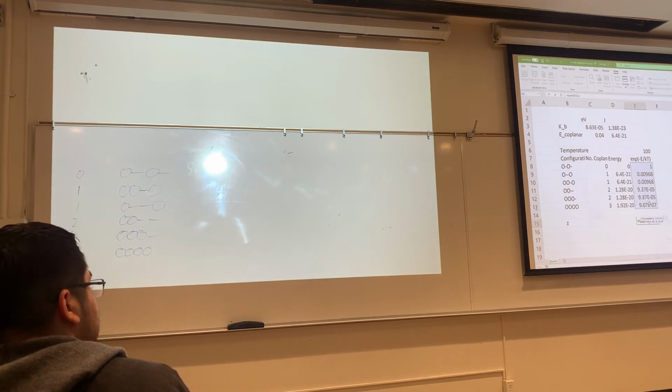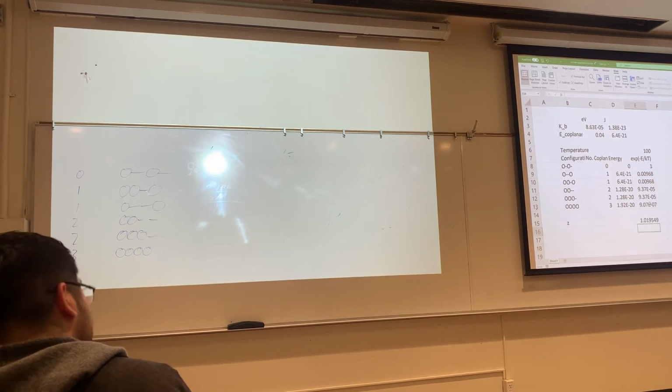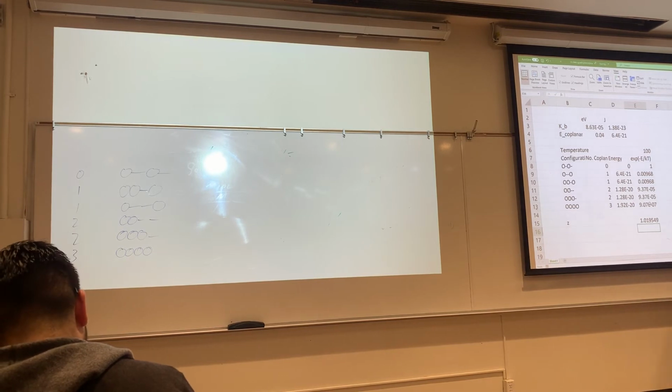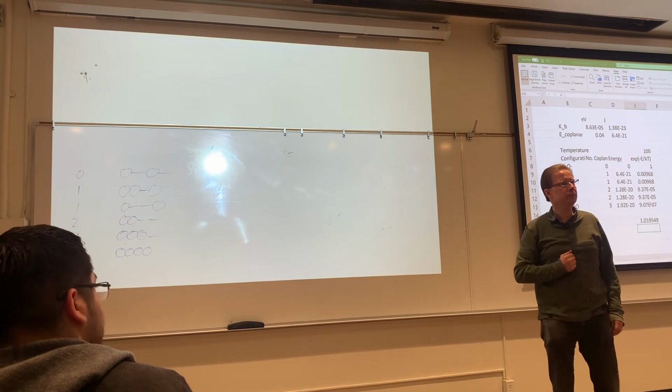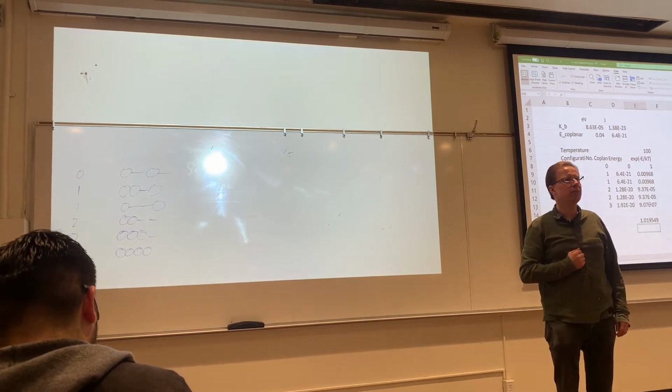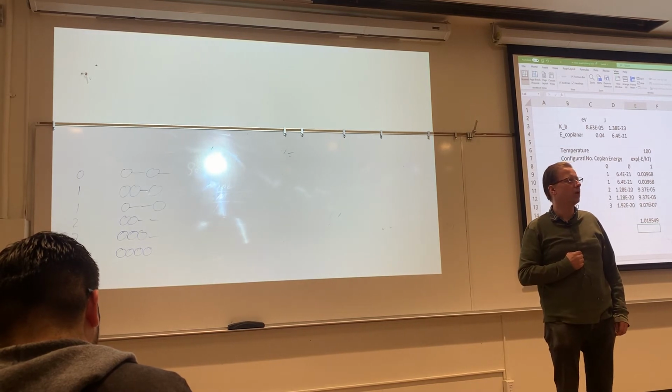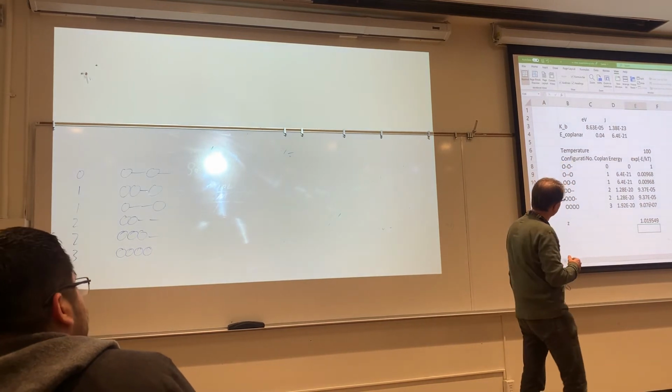So now I have my canonical partition function for that system. I can find that right away. I'm really fine with that. So I immediately figured out what the canonical partition function was.